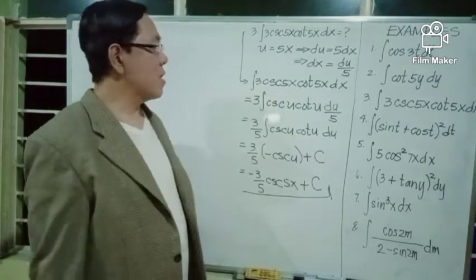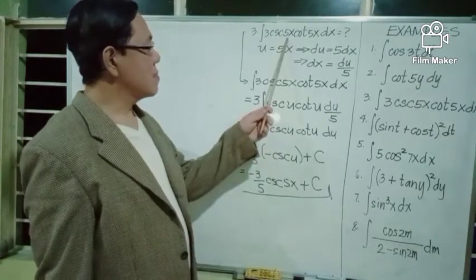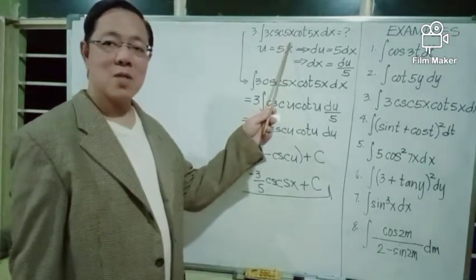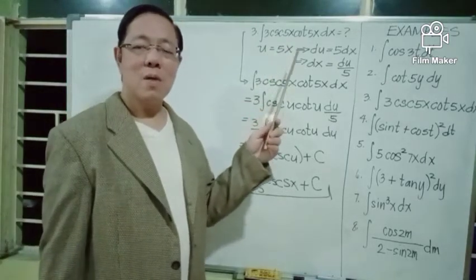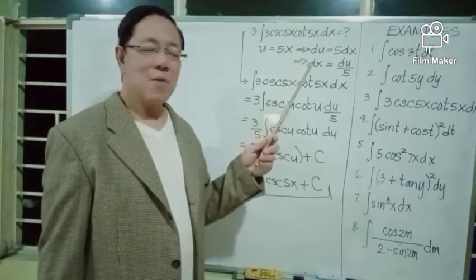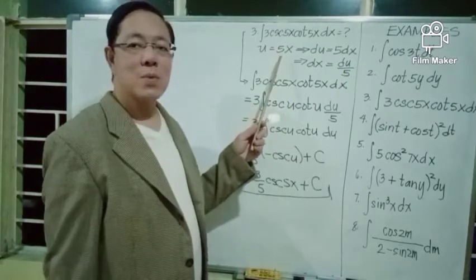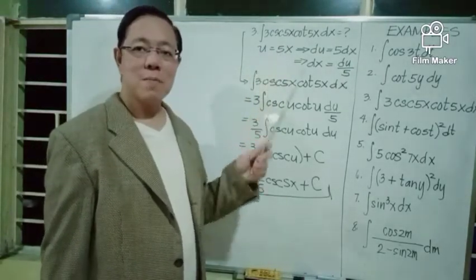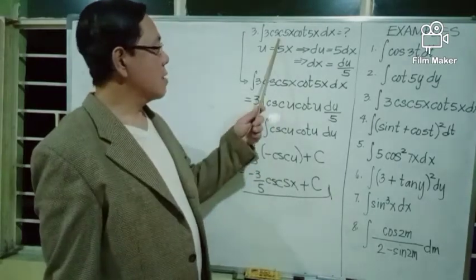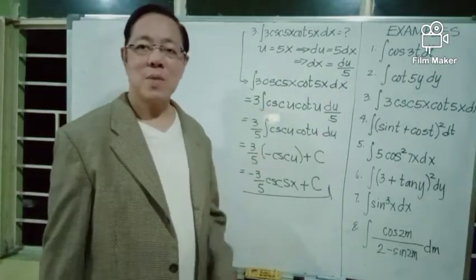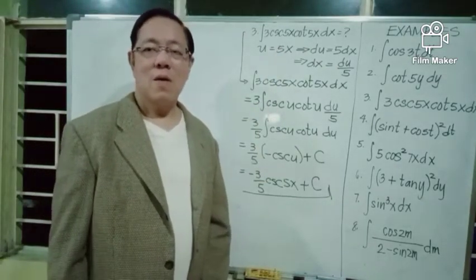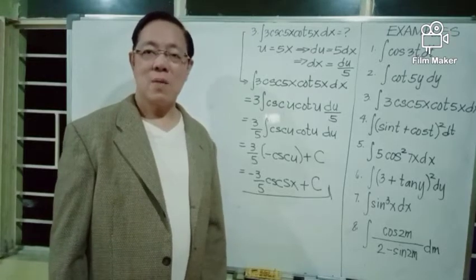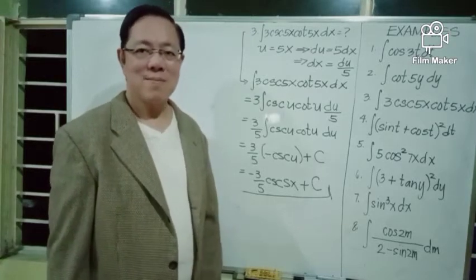Just remember that whenever the angle of the trigonometric function is not a single variable with coefficient of 1, you have to use this substitution to write the angle of the trigonometric functions as a function of a single variable with coefficient 1.